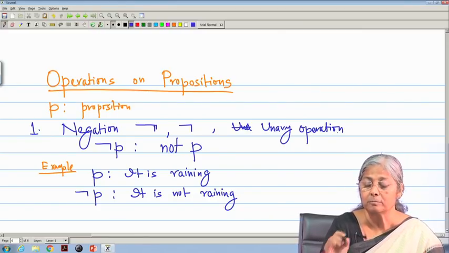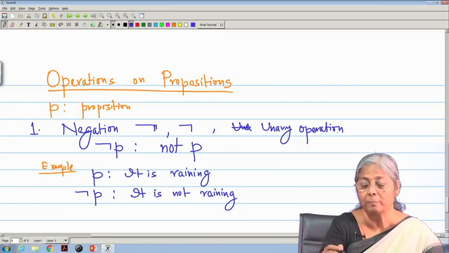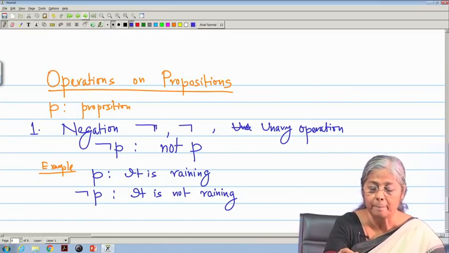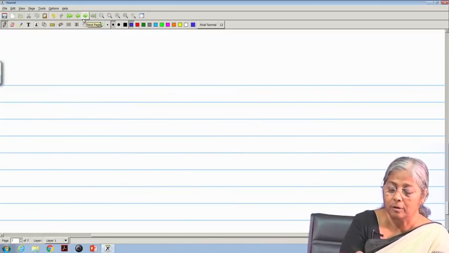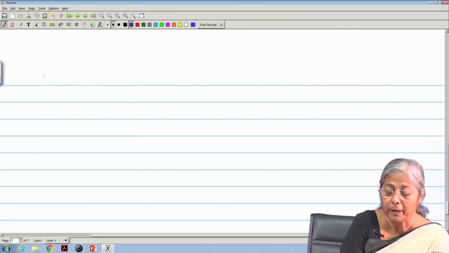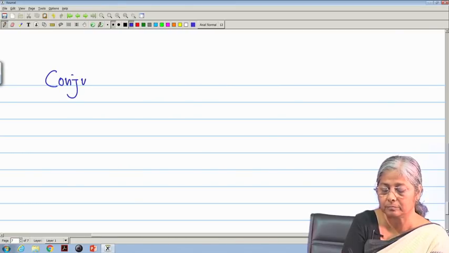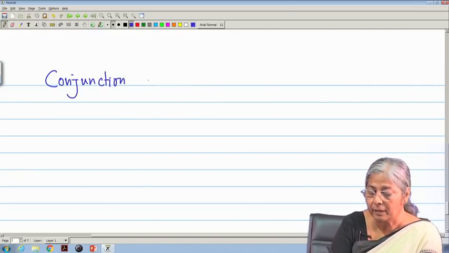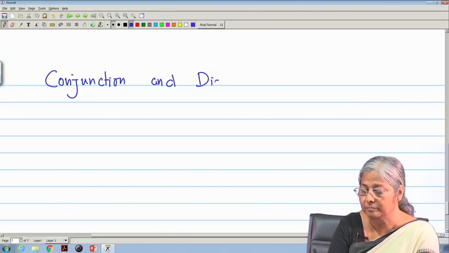We have two operations for this, and these are binary operations: conjunction and disjunction.